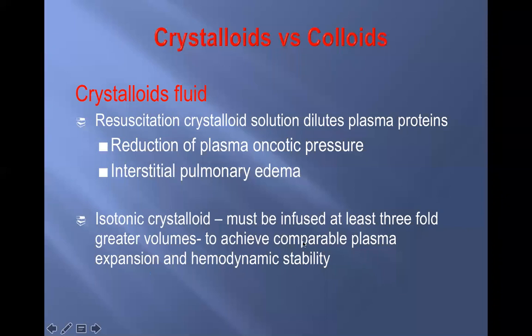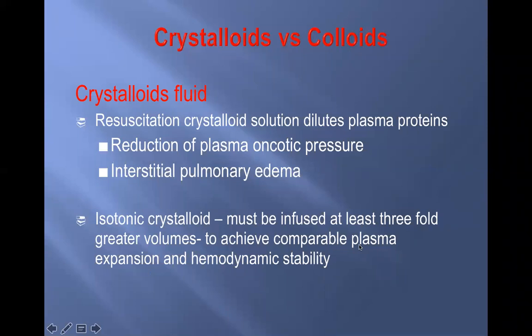This is why: if somebody lost, for example, 500 ml of blood and we want to replace it with isotonic crystalloid, let's say Ringer lactate or normal saline, we have to infuse 1.5 liters to replace half a liter of blood, because the infusion of the crystalloid leads to its distribution within the extracellular compartment, in both the intravascular and interstitial compartments.